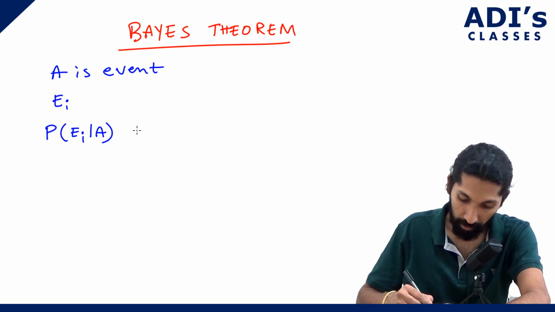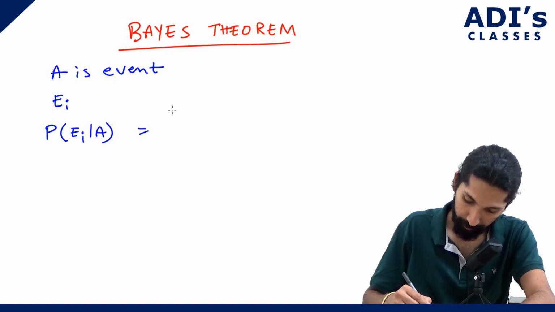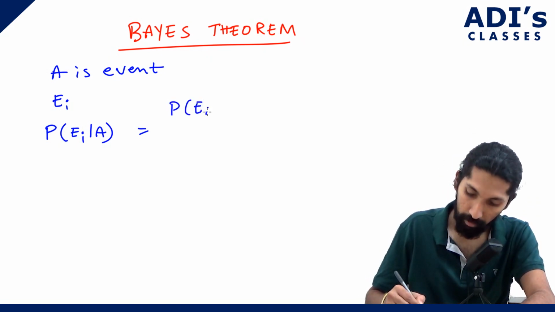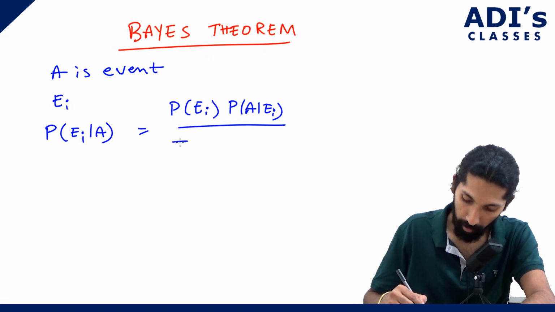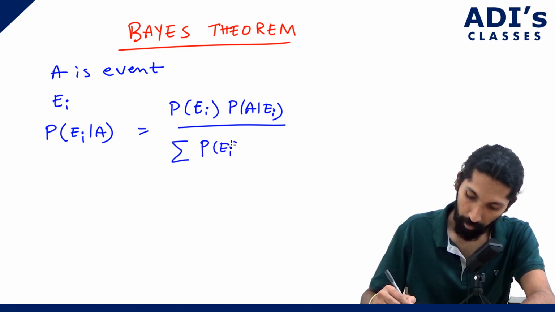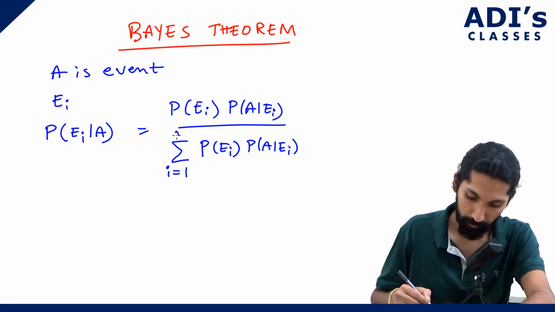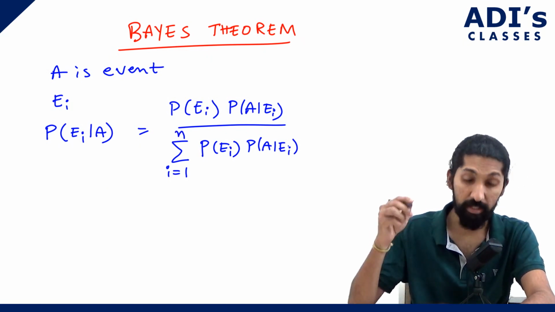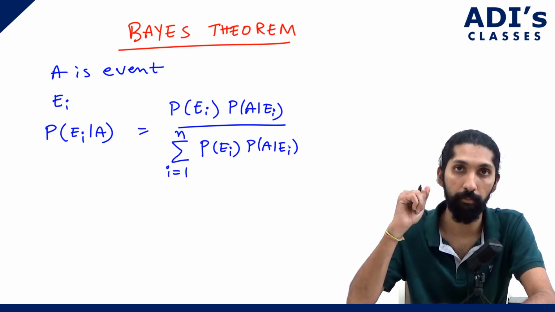So P of Ei given A is equal to P of Ei into P of A given Ei, divided by sigma P of Ei into P of A given Ei, where i is equal to 1 to n. So this is the Bayes theorem. This is the mathematical formula for Bayes theorem.